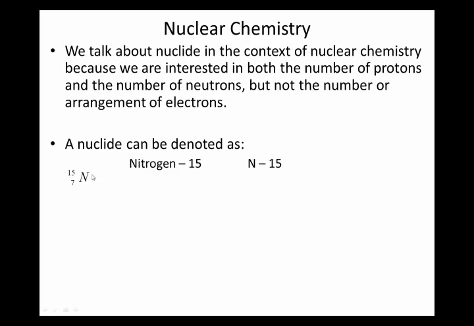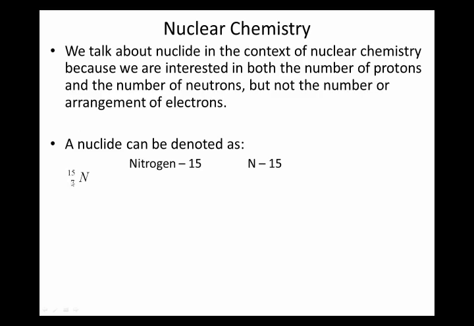But this time, when we're talking about nuclear chemistry, you're not going to see charges show up, because we just don't care. We care about the mass number and, in nuclear chemistry, not so much the number of protons, but the nuclear charge, which usually is the number of protons.